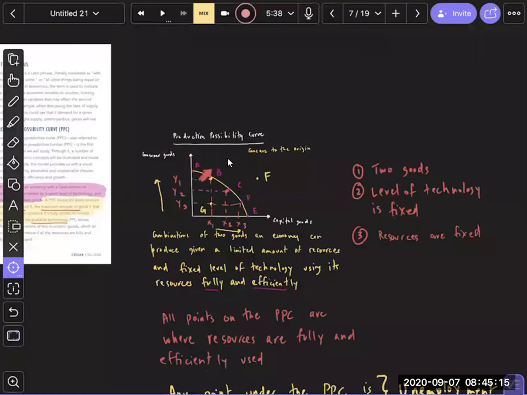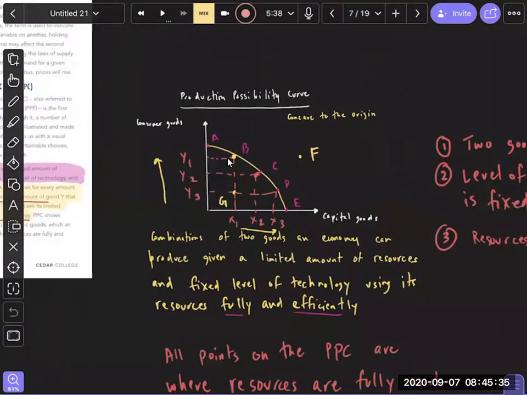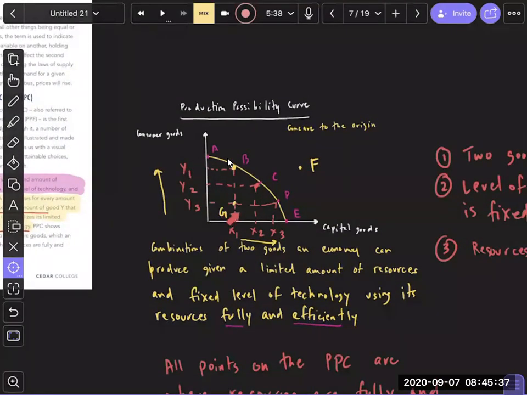So the PPC is drawn with these three assumptions: that the economy is making only two goods, which is kind of unrealistic; number two, that the level of technology is fixed, which means it's not increasing; and number three, resources are also fixed. Then we said that all points on the PPC show us the maximum we can make, but any point under the PPC is showing us unemployment or inefficiency.